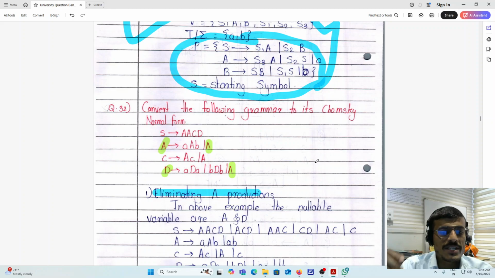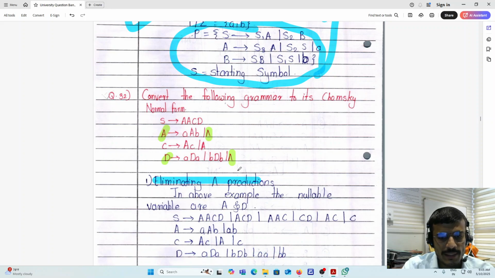That has to be substituted among the non-terminal symbols, and we should try for minimization of the productions. In the above example the nullable variables are A and D, as I mentioned earlier, because A tends to null and D tends to null. Now the very first production is S tends to AACD.